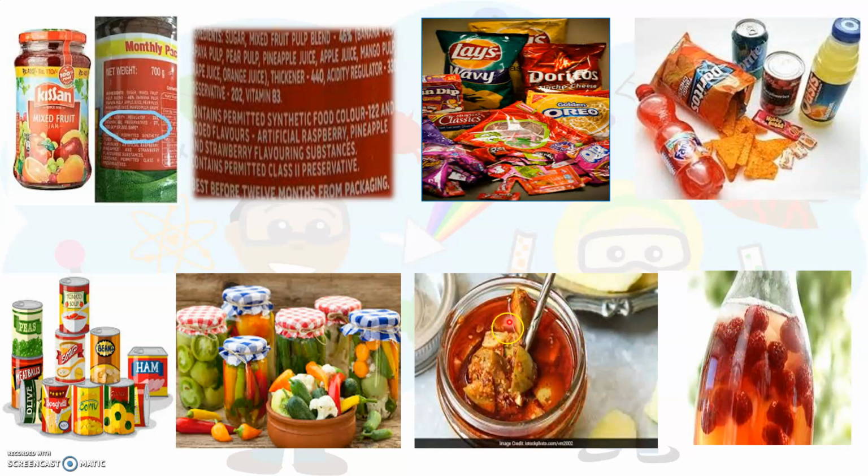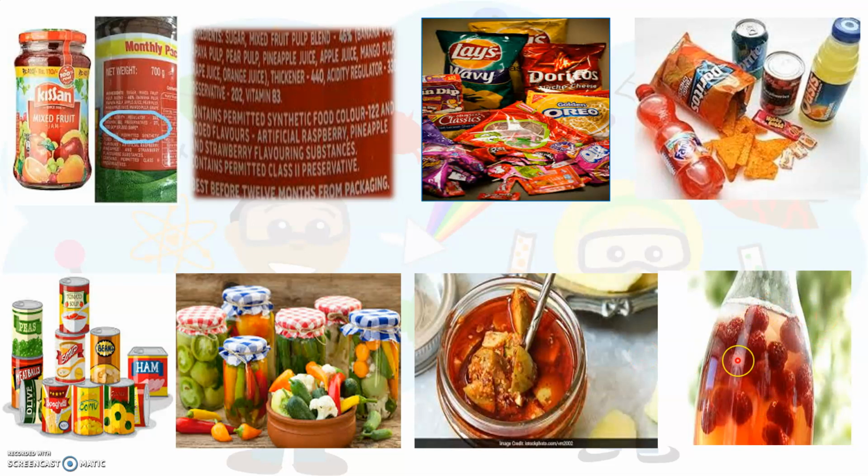Yes, salt and oil that is used in this pickle are also used as food preservative, which keeps the food fresh for a longer time. And also, since ages, salt has been used as a natural preservative, which helps in keeping meats and vegetables fresh for a longer time.